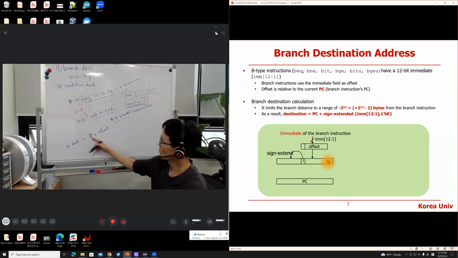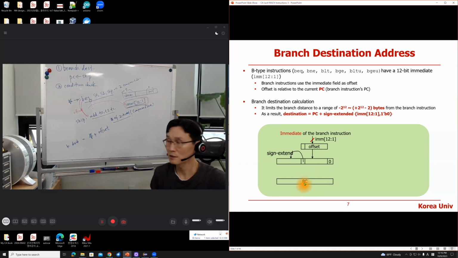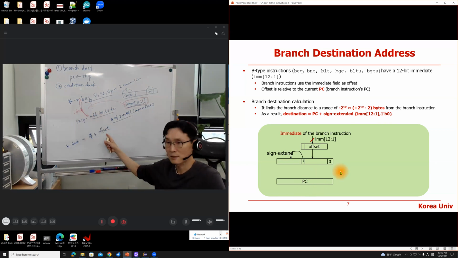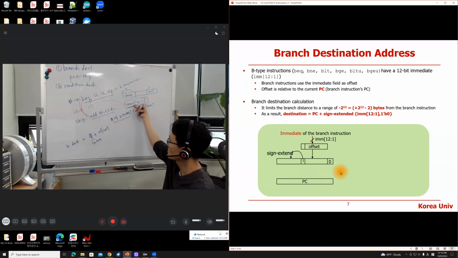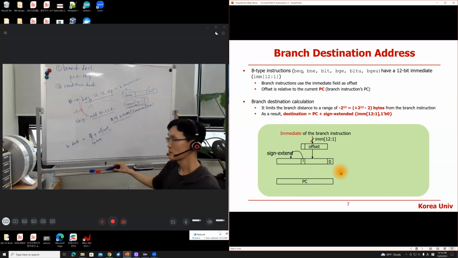So this star is the program counter, right? The current location of a branch instruction, then the offset. The program counter is 32 bits. So from this 12-bit information, somehow you have to create 32 bits, so you have to do sign extension.